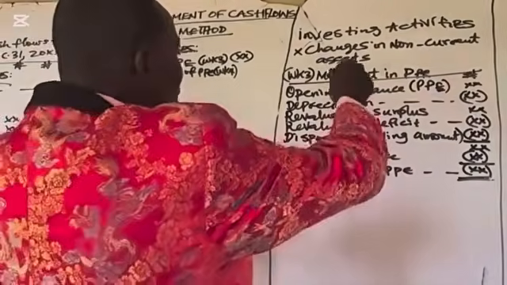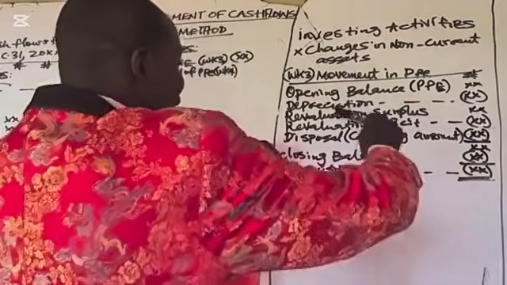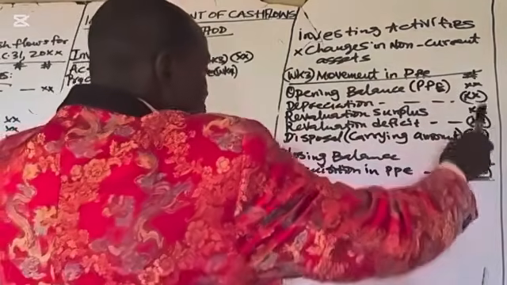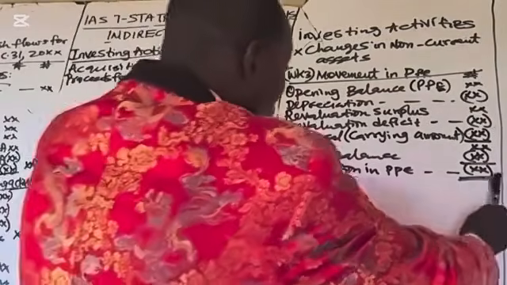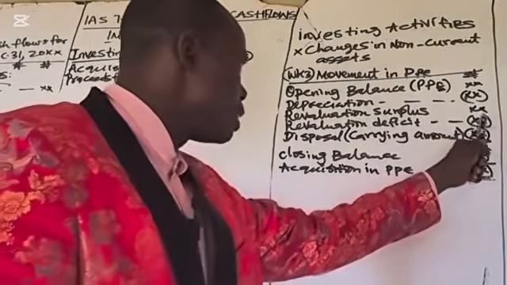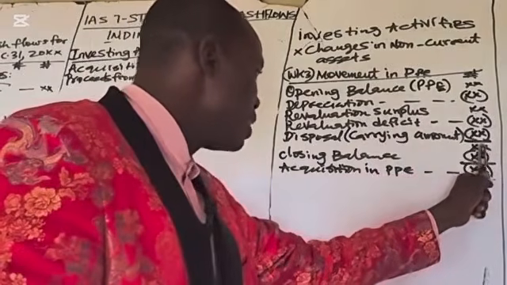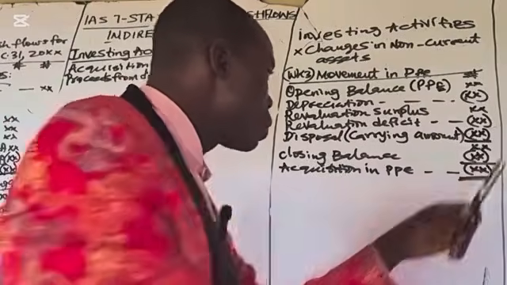In that case, if you check the movement in PPE, if the acquisition is given in the question and it is added, then the total here will be greater than the closing balance. If you add the acquisition of PPE here, you get this as the total. Now subtract the closing balance.